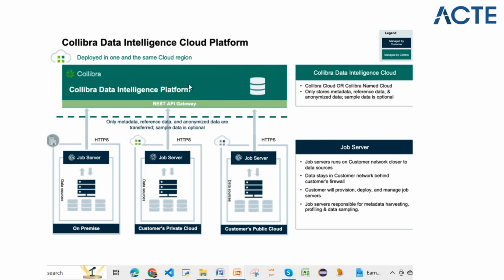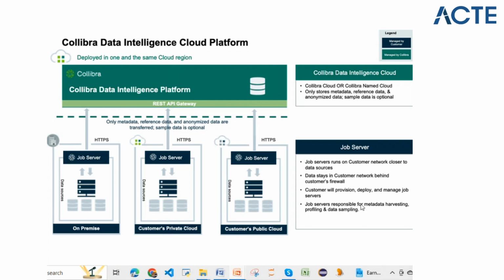So while ingesting our data source, how does the backend process work? Let's check here. We will be having some job servers, whether on-premise, on our private cloud, or maybe on a public cloud. That job server will be connecting with our data source, whether it may be Redshift, S3, Tableau, Postgres, or Snowflake.